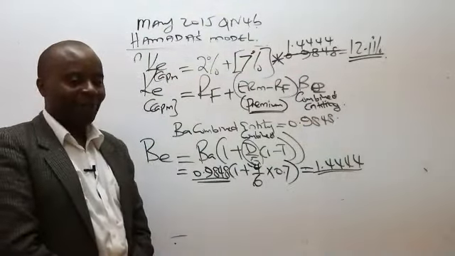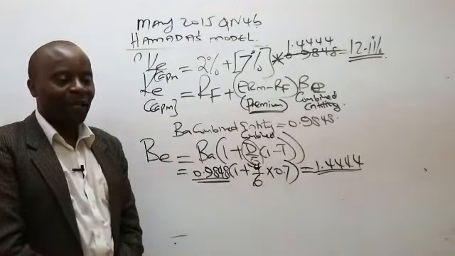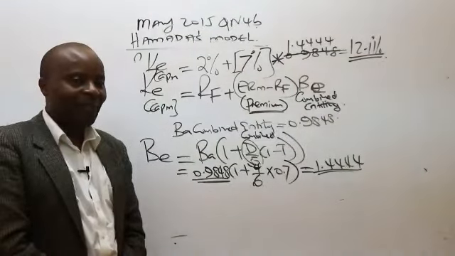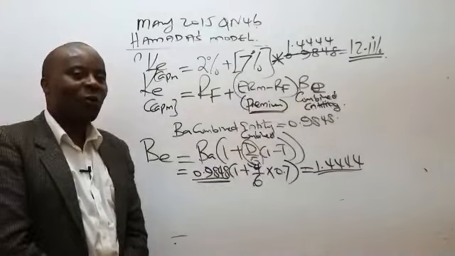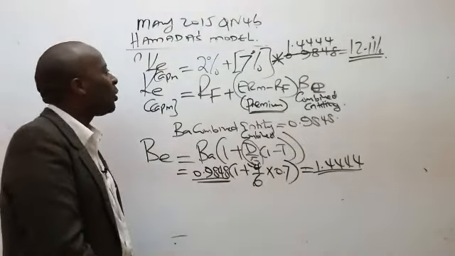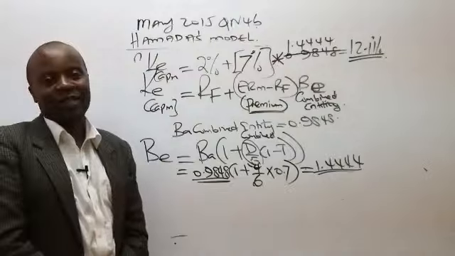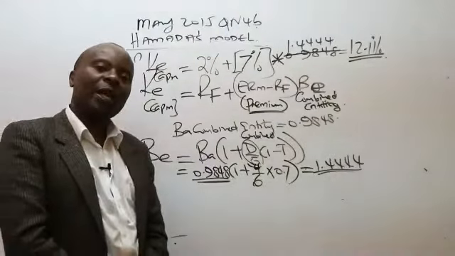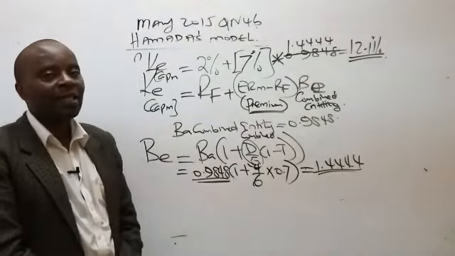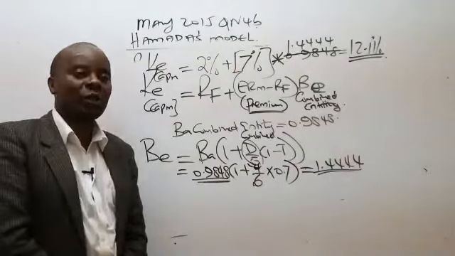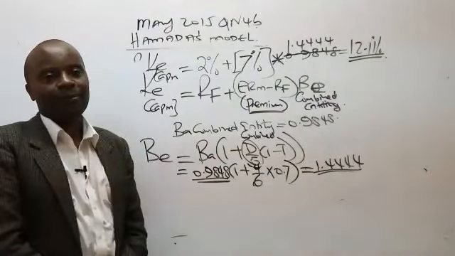Beautiful. I've been able to get cost of equity, but ladies and gentlemen, there is no way I will be able to use this cost of equity to discount. Why? Because this organization has got debt in its finance structure, right?